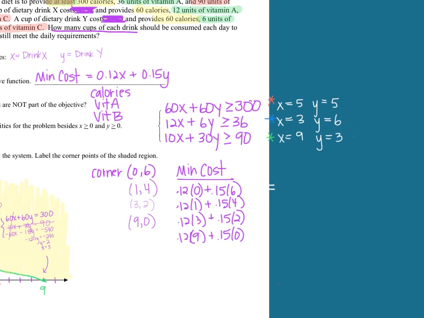So I'm going to switch to white so we can see it a little bit better. All right, the first one, when we multiply, we're going to get 90 cents. For the second one, when we multiply and we add up, we get 72 cents.